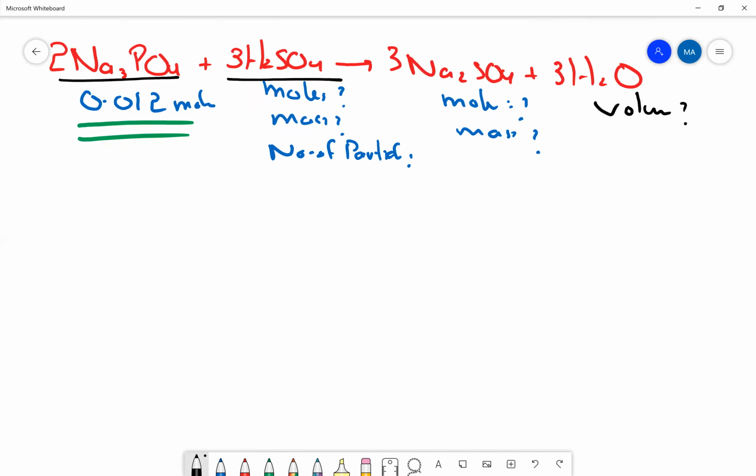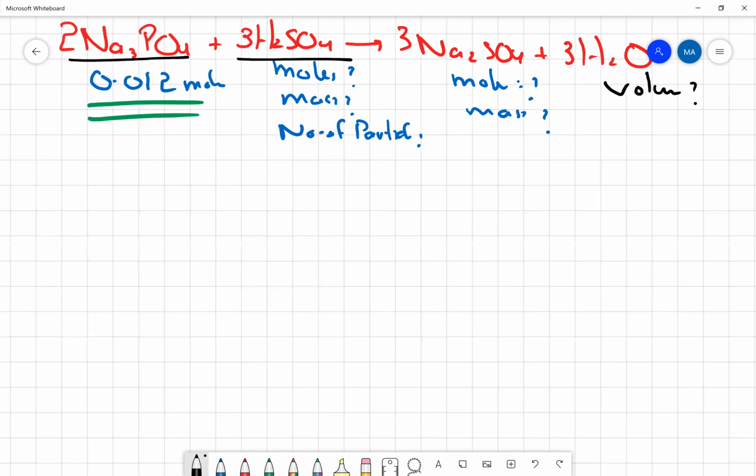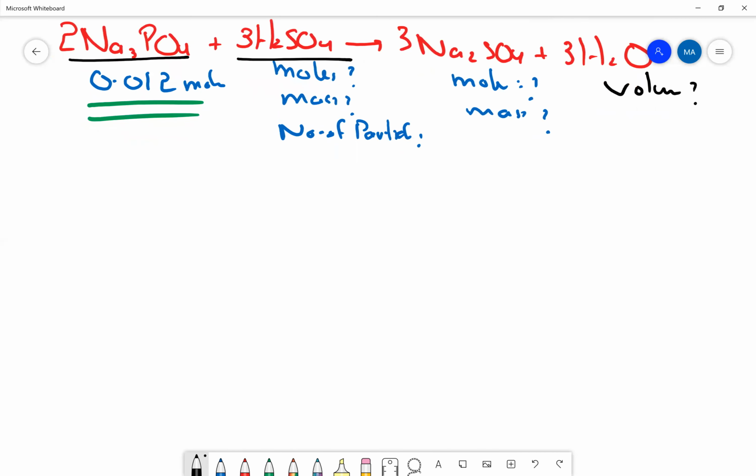For this, what should I do now? It's between Na3PO4 and H2SO4. First we're going to write the Na3PO4 ratio to H2SO4. Then we're going to put the coefficients, which for the first one is 2 and for H2SO4 it's 3. Perfect.